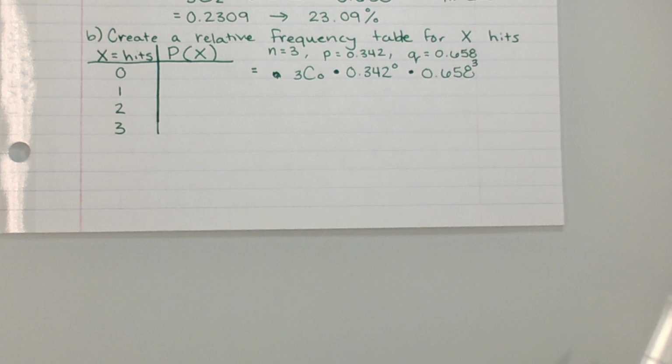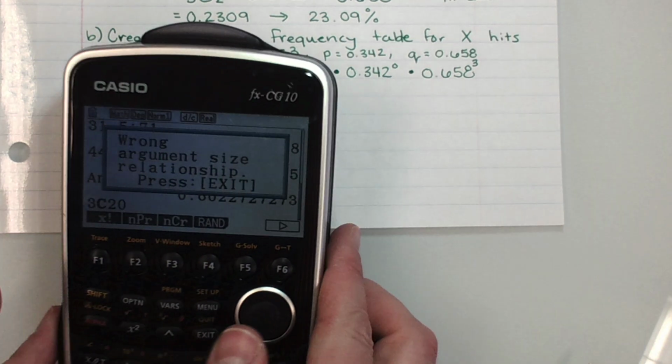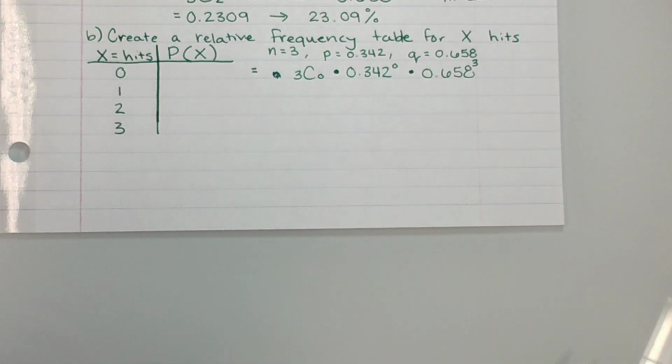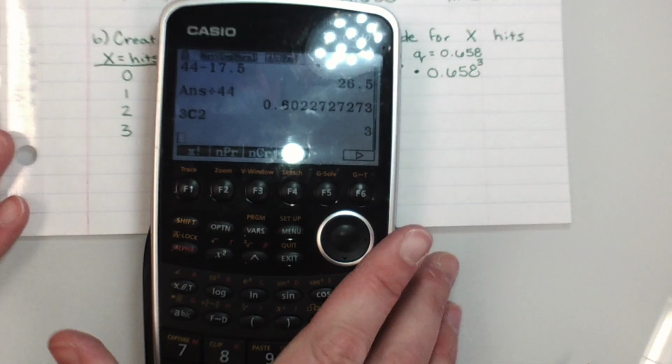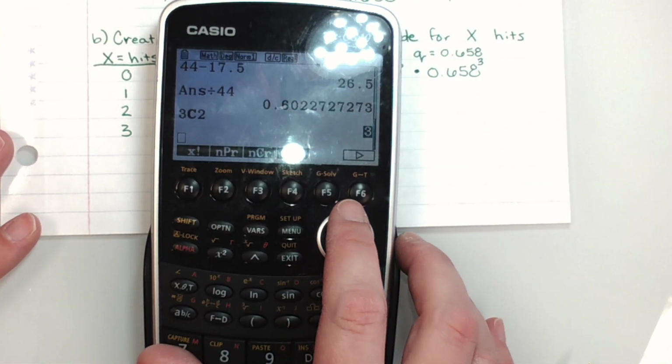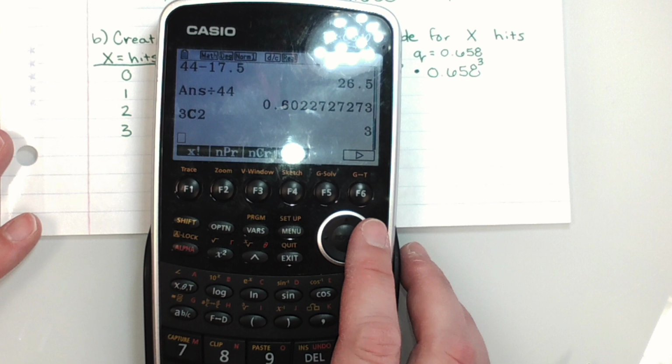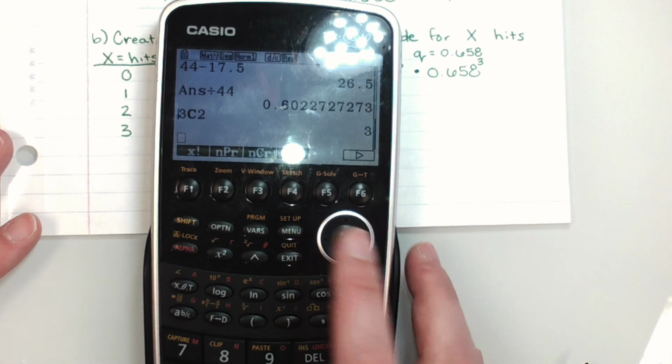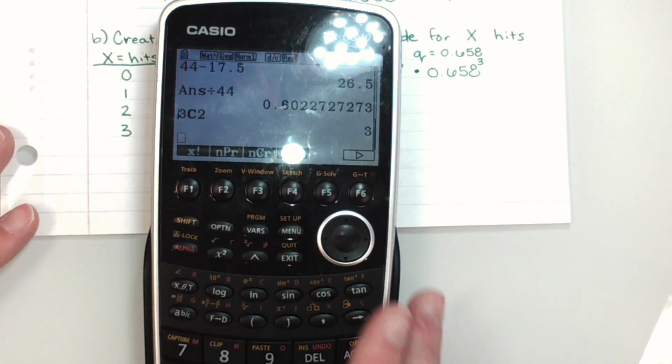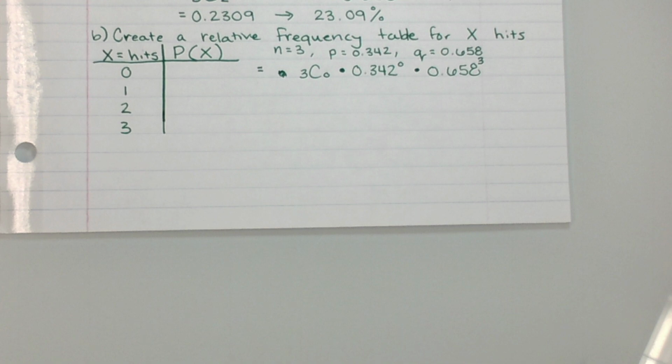On the Casio, my Casio's yelling at me right now. Now, I didn't put the entire thing in my Casio, but if I scroll either up or left, depending upon the Casio, it'll let me do the same thing. That's one way to shorten down what I do.